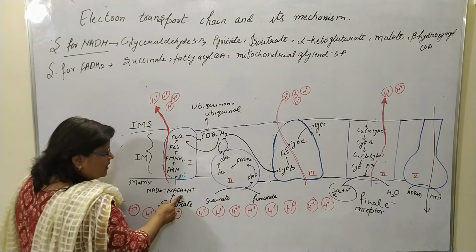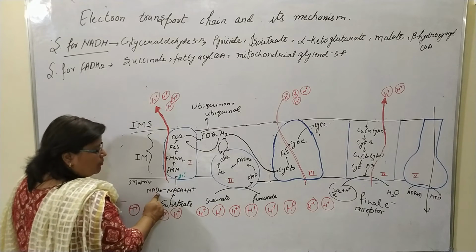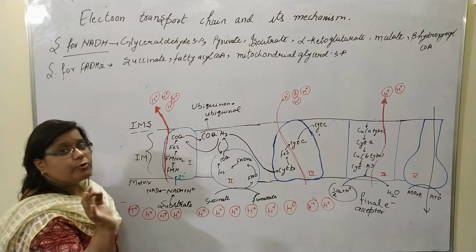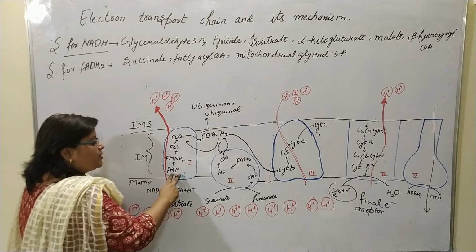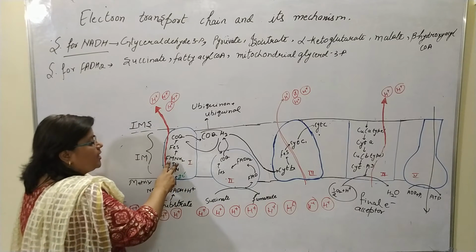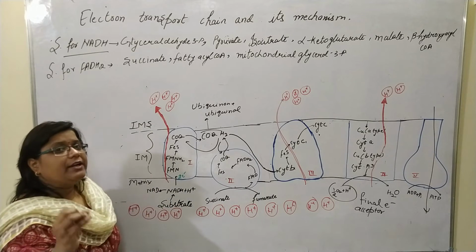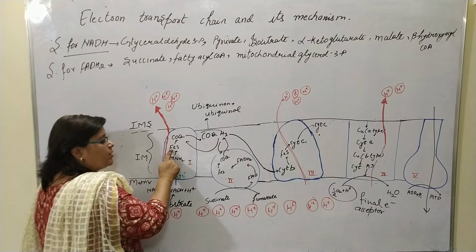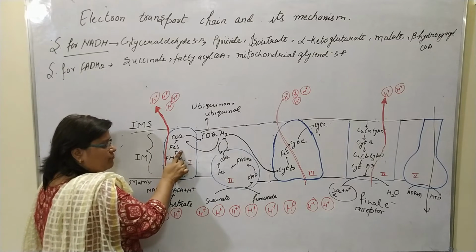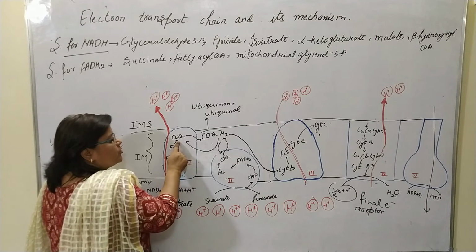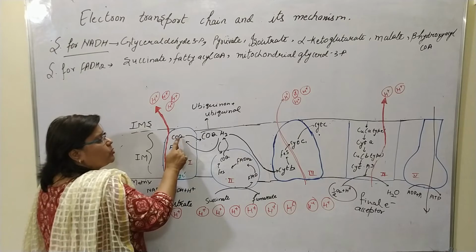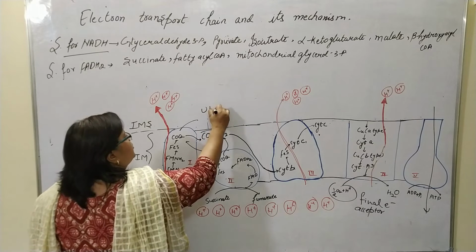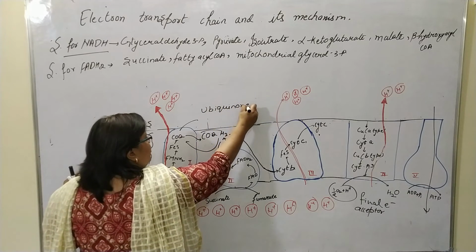Now come to the NADH. When it is formed, the NADH releases 2 electrons and forms NAD, and these 2 electrons are captured by FMN. FMN is the flavin mononucleotide, and it takes these high energy 2 electrons and converts into FMNH2, and these 2 electrons are passed to the iron sulfur protein, and then taken by coenzyme Q. Coenzyme Q is also termed ubiquinone.